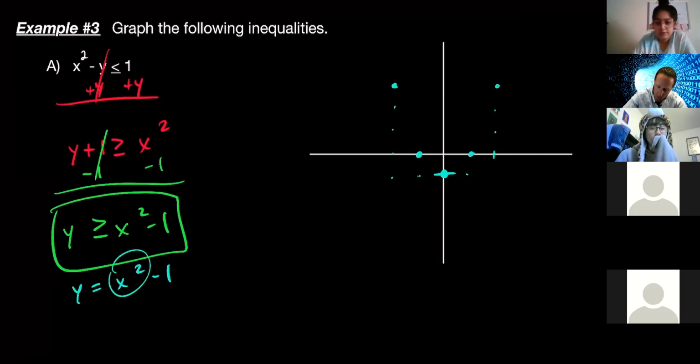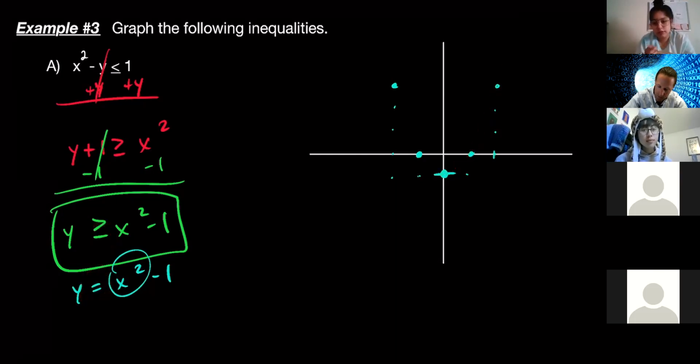Okay, before I graph this though and just draw it, I need to look because we didn't have the equal to. But do we have the equal to in this inequality? Yeah, and because it's equal to, that means I would draw it just as if it was equal to.